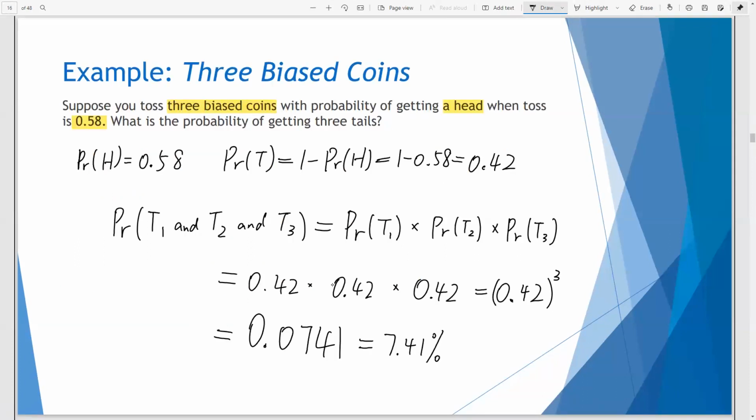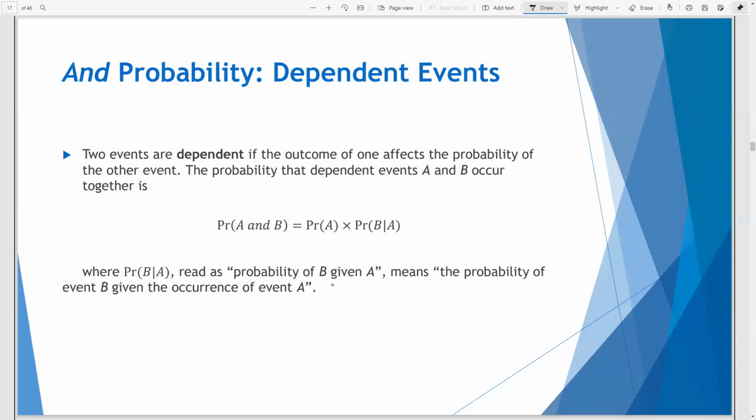For independent events, that's all: just multiply all the probabilities together. For dependent events, one may affect the other. For dependent events, the outcome of one affects the probability of the other event.